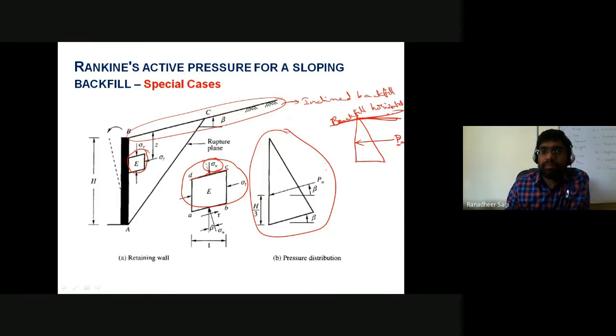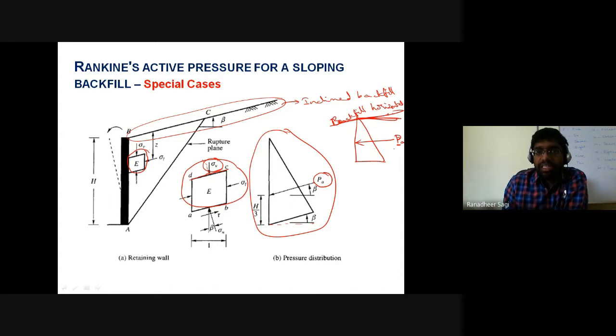Now here, as the backfill is inclined, what is the inclination of that backfill surface? The inclination is beta with the horizontal. Subsequently, the resultant thrust force, PA in the case of active state or PP in the case of passive state, is also going to be represented parallel to the backfill surface.